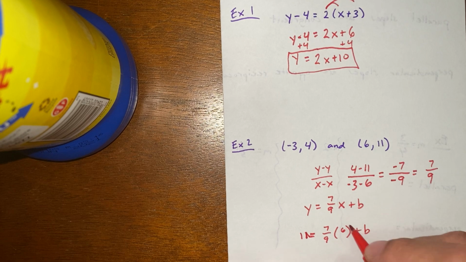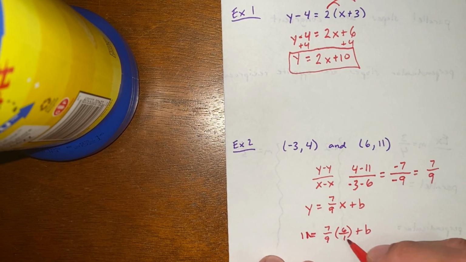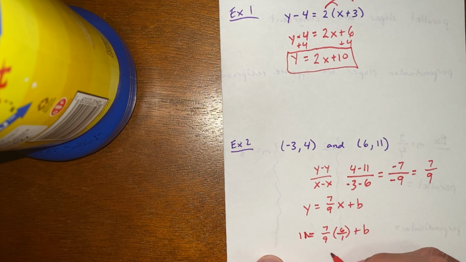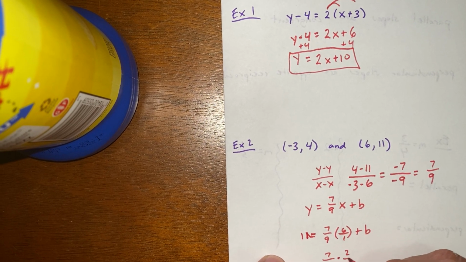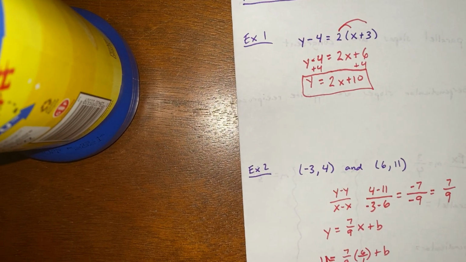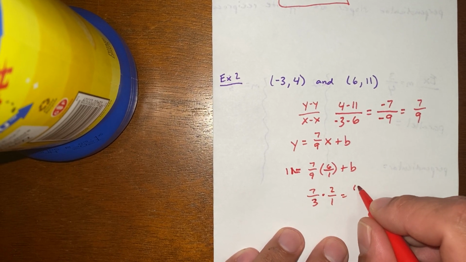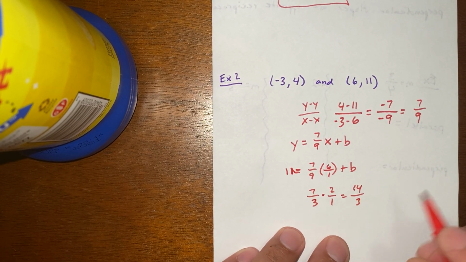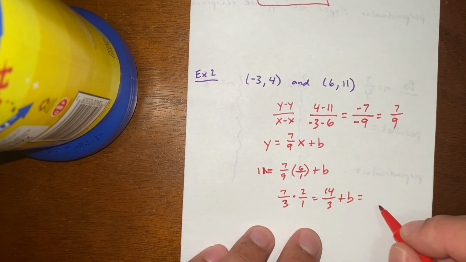Now I can reduce this, 6 and 3, so I'm going to change that. So that's 7/3 times 2/1, which equals 14/3, plus b has to equal 11.